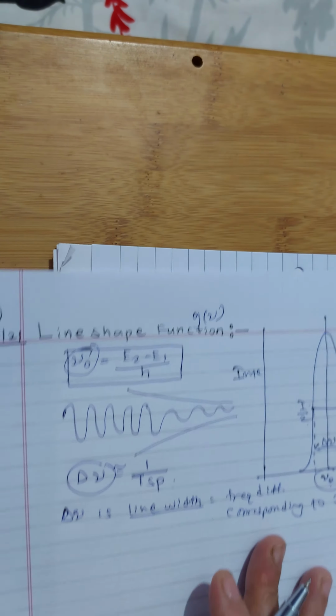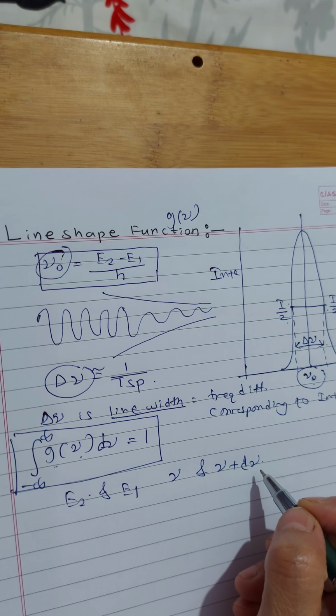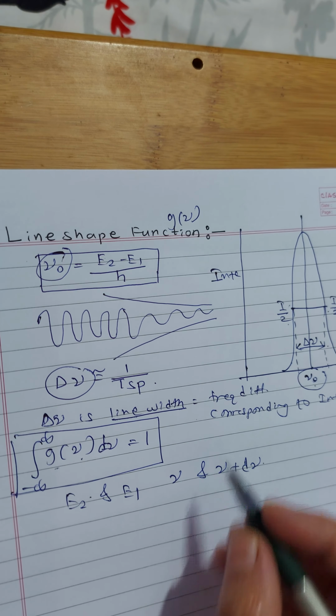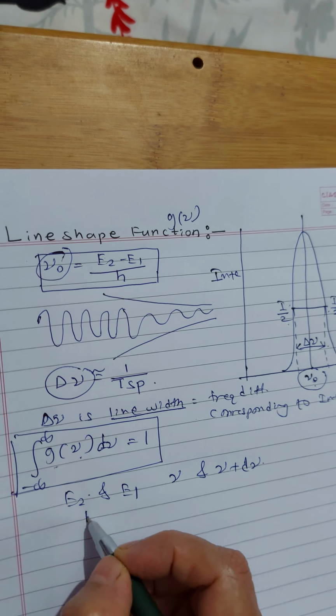G nu d nu is the probability that a given transition between energy levels E2 and E1 will result in emission of a photon whose frequency lies between nu and nu plus d nu. A photon of energy h nu may not necessarily stimulate another photon of energy h nu.